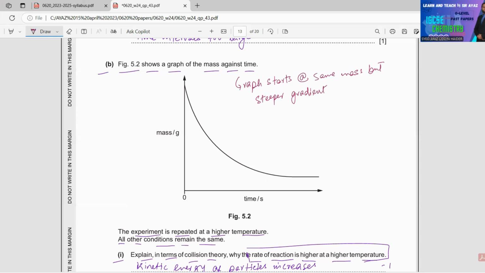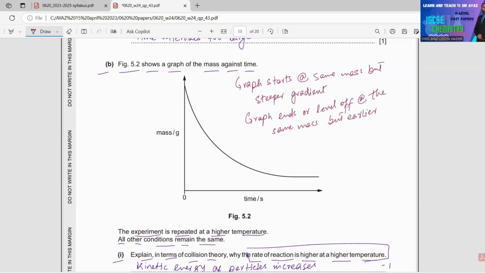The graph ends or levels off at the same mass but earlier.